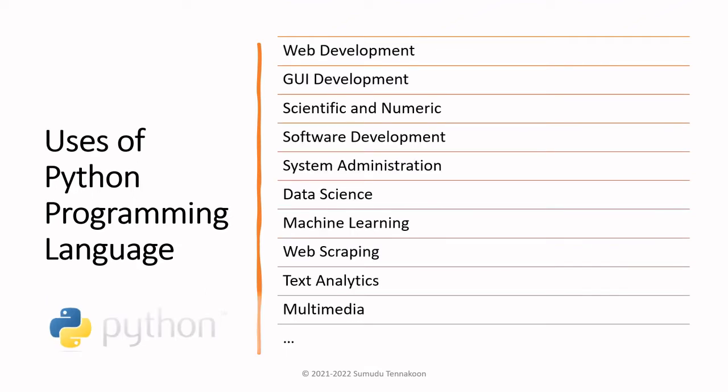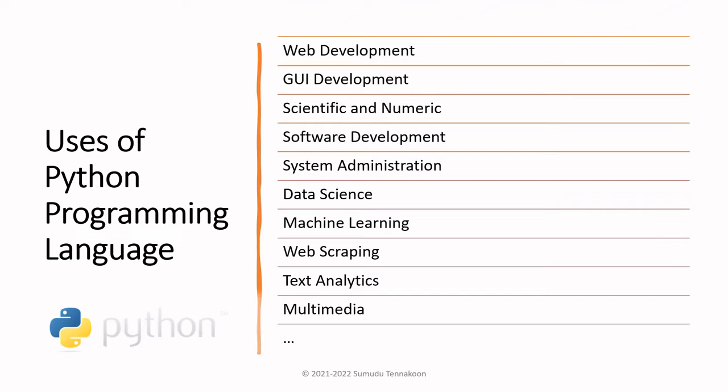Uses of the Python programming language are very diverse. You can use it for web development, GUI development, scientific and numeric computing, software development, systems administration, data science work, and machine learning, which will be the focus of most of this course.